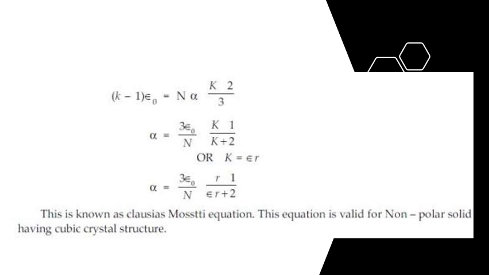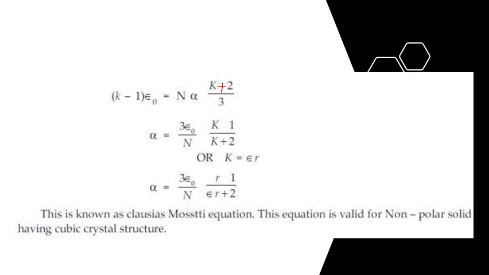And the answer may be this: K minus 1 epsilon 0 is equal to N alpha into K plus 2 upon 3.